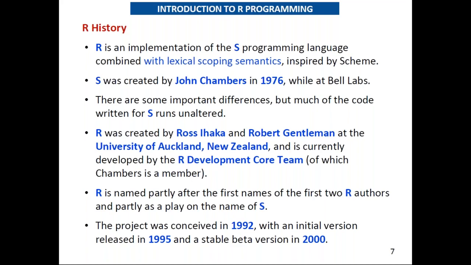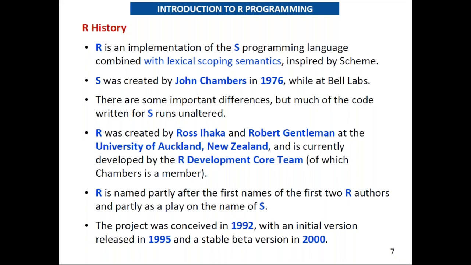The semantic is validation, providing meaningful form with proper type checking and type equivalence. S was created by John Chambers in 1976 at Bell Labs. There are some important differences, but much of the code written for S runs unaltered. So much of the code written in R is the same as in S.